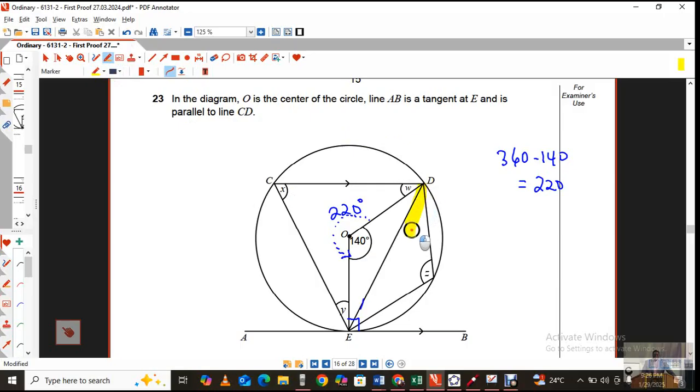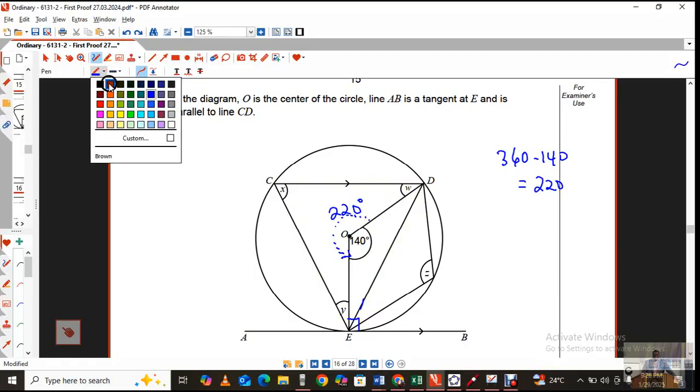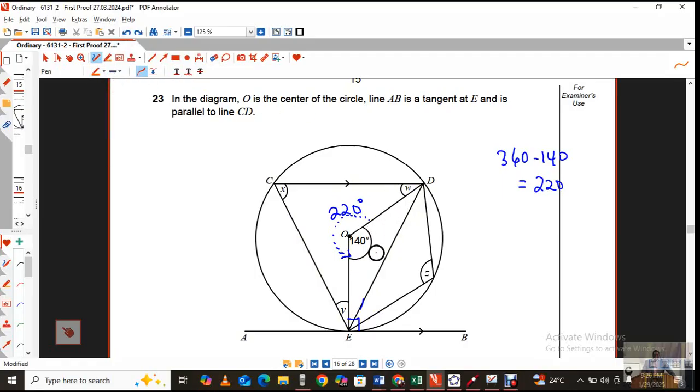Because of that fact, the angle at the center, this 140, is twice the angle at the circumference. So x is going to be 140 divided by 2. This angle here will be 70 degrees. Angle at the center theorem.